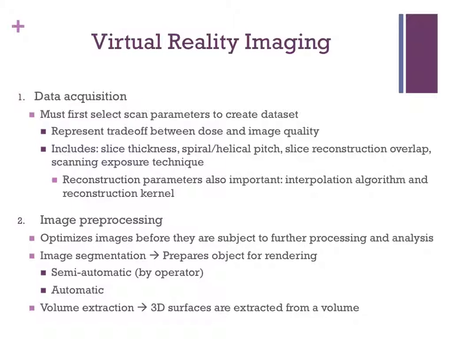Image segmentation is an important step in preprocessing, and it prepares the objects for rendering. This can be done semi-automatically by the operator or automatically without the operator. Volume extraction is another preprocessing tool where the 3D surfaces are extracted from a volume.